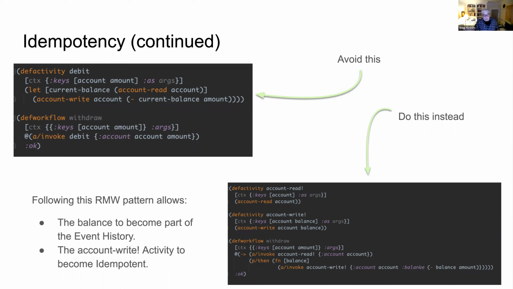Real world, you need to do more things to protect here, but you get the idea. Because I put the database read in an activity like that, it became part of the event history and made it deterministic and made the write idempotent. Obviously your domains are going to be different, but you want to think about things this way. It's just a small shift, and then everything works naturally.